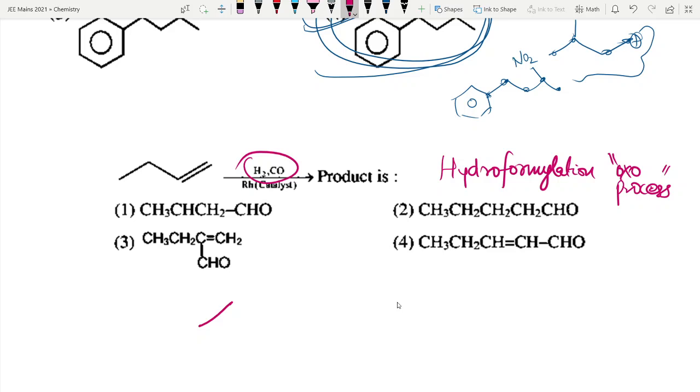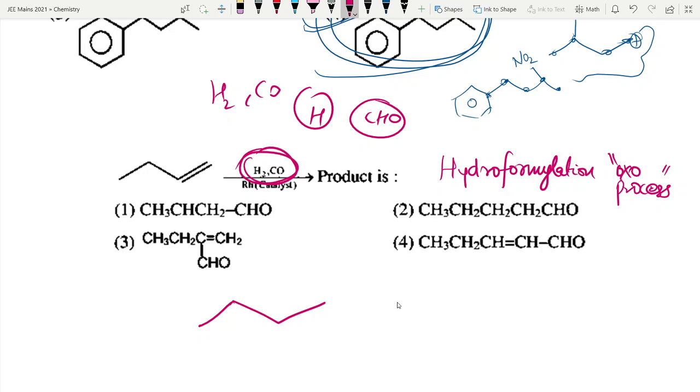It's basically, you have to think of adding a CHO group, and this is a double bond. Adding H2CO, you can think there is an H involved and a CHO involved, and both of these things will get added, and it could get added anywhere because I don't remember the regioselectivity of this process, and this is an industrial process, so that could be very complicated. It's not a process which we do in the laboratory, and we might have some better studies for this one.